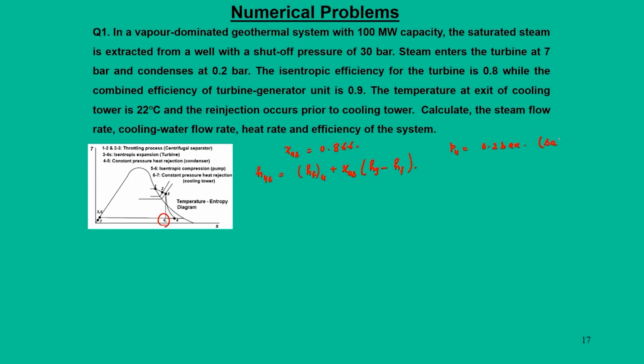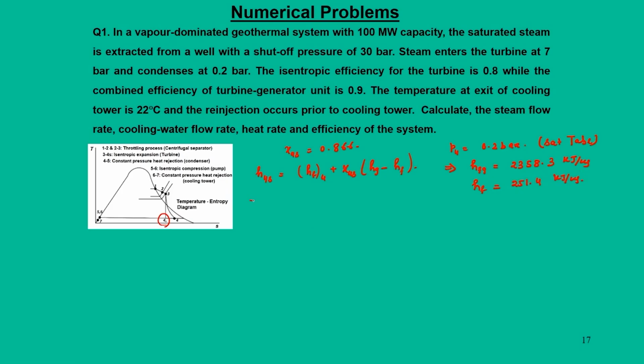If you take the saturated table pressure data, this will give you hfg = 2358.3 kilojoule per kg, hf = 251.4 kilojoule per kg.